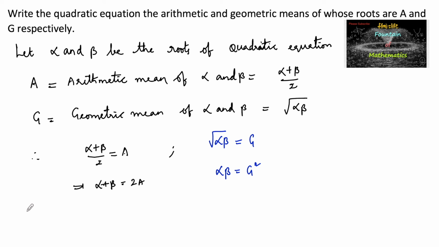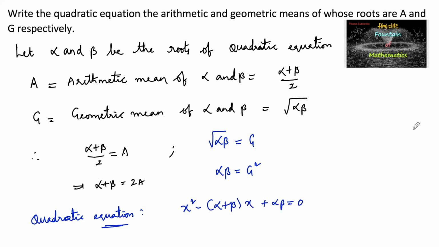And the quadratic equation when the roots are alpha and beta is x square minus the sum of the roots alpha plus beta times x plus alpha beta is equal to 0.